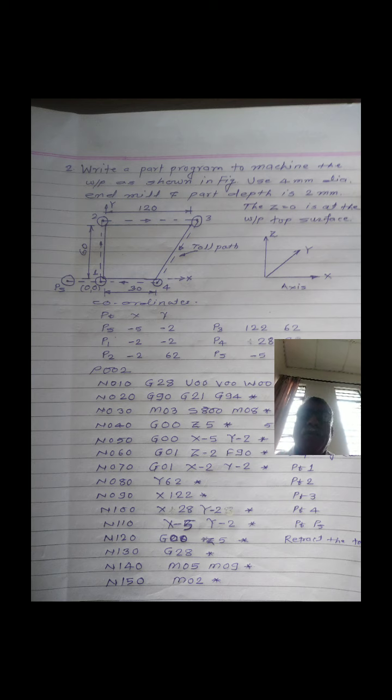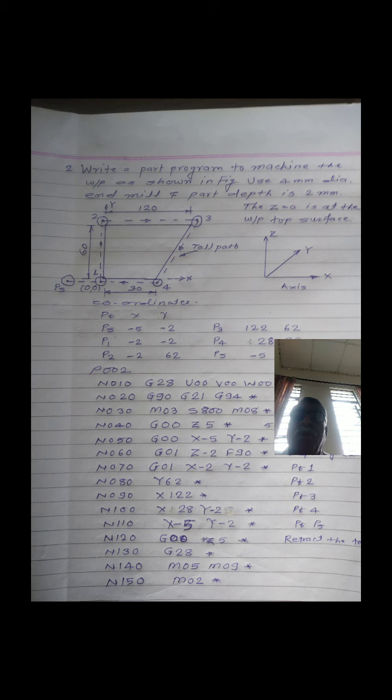X coordinate is -5, Y coordinate is -2. Then the coordinates of point 1, that is P1, are -2, -2. You have to consider the radius of the cutter, so the cutter is below the reference point, that is -2, -2.